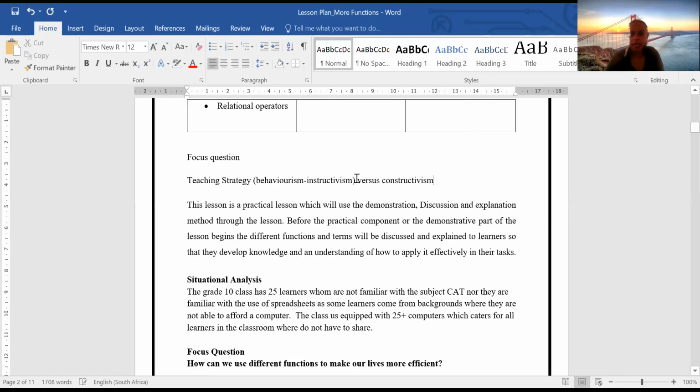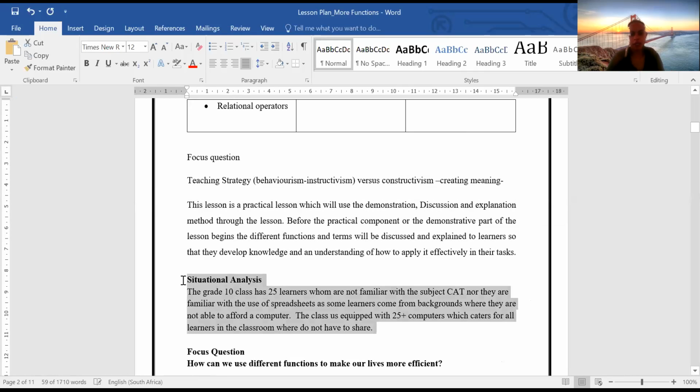So here, behaviorism is whereby we are teacher-centered. Constructivism is where every learner is engaged in creating meaning. And then this will help us to write our teaching strategy.